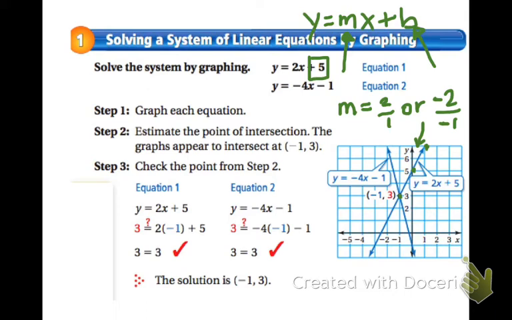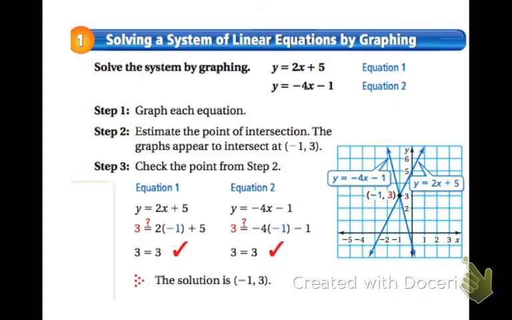Okay, I'll change the color and I'll work with the second equation. So in the second equation, the y-intercept is -1, and that's on the y-axis right there.